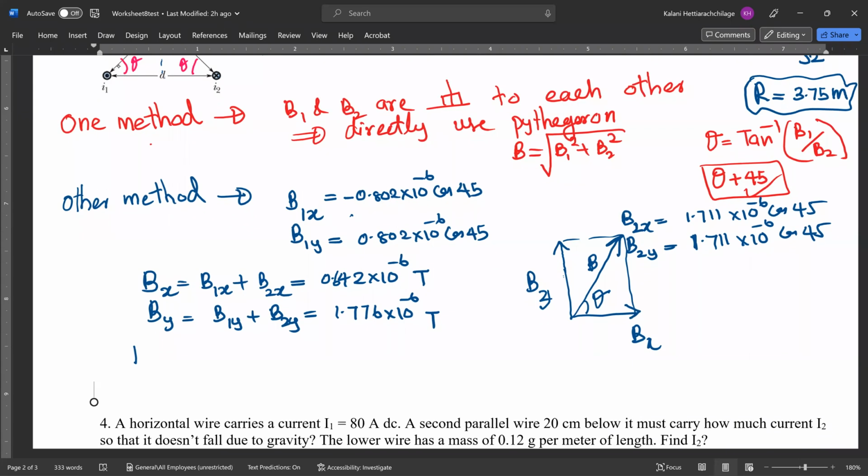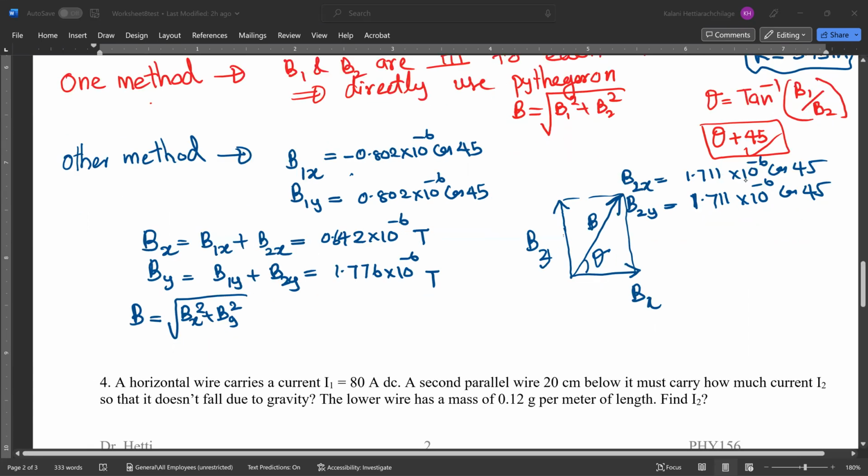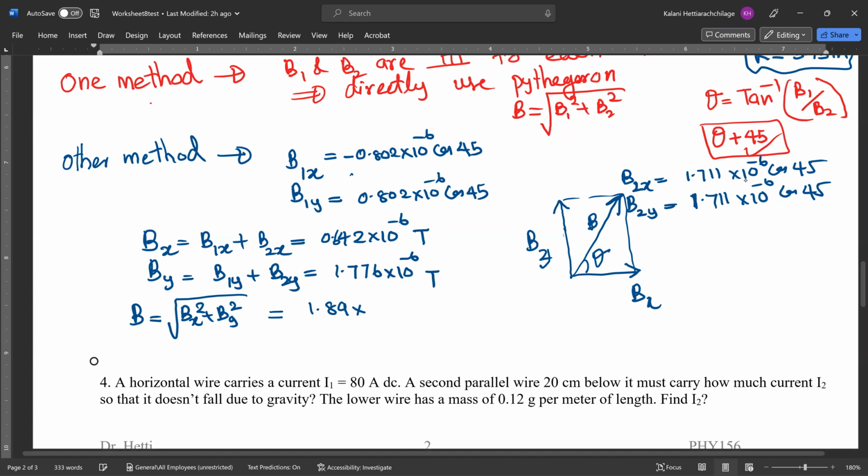So now we're going to use the Pythagorean theorem. B equals the square root of Bx squared plus By squared. What I get is 1.89 times 10 to the negative 6 Tesla. That is my net magnetic field. And now I need to find the direction.